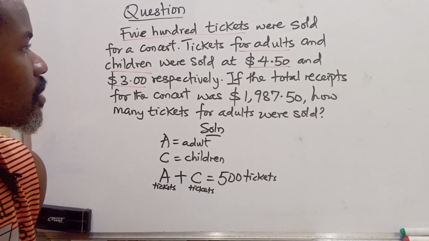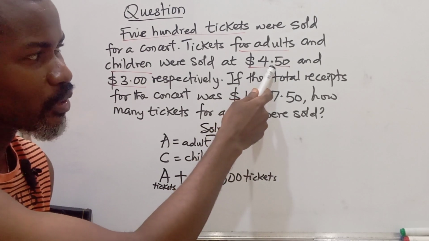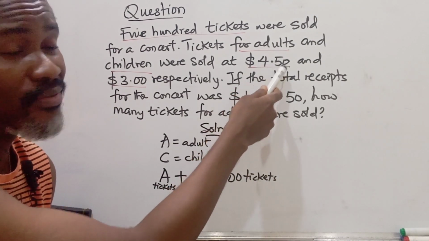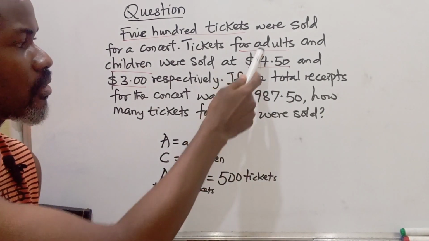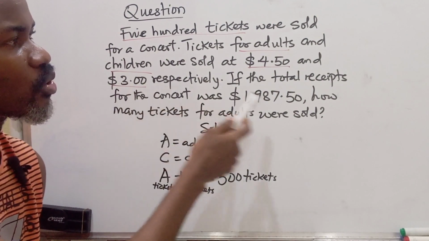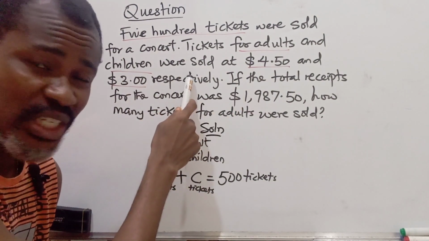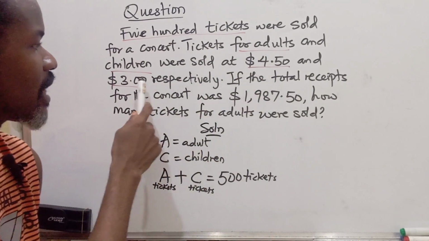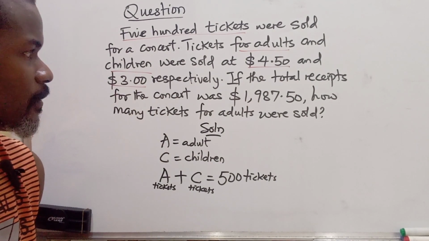Now the question continues that $4.50 was charged for adults and $3 was charged for children, because the question says respectively. When we say respectively, we have to follow the order. So this is for this, and this is for this. What does that statement mean?